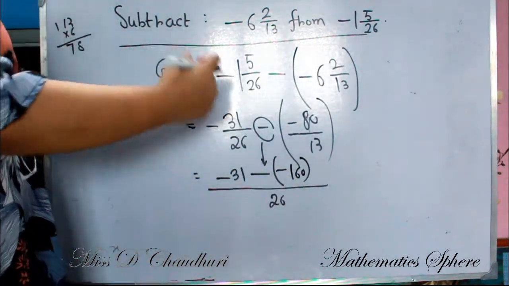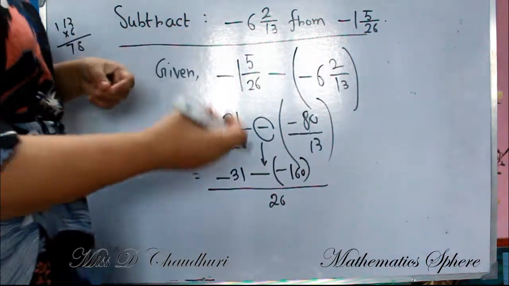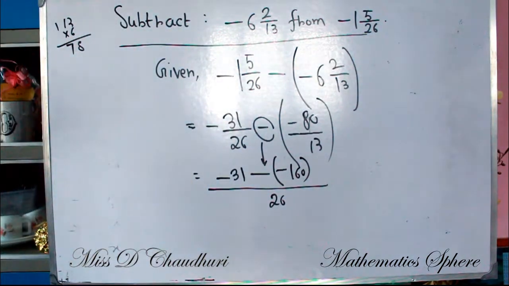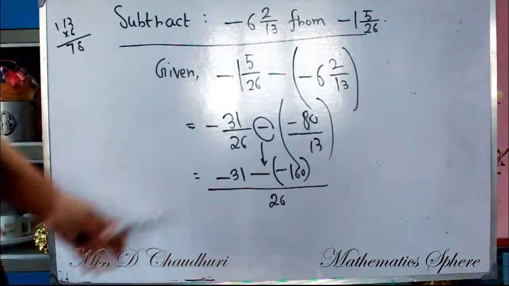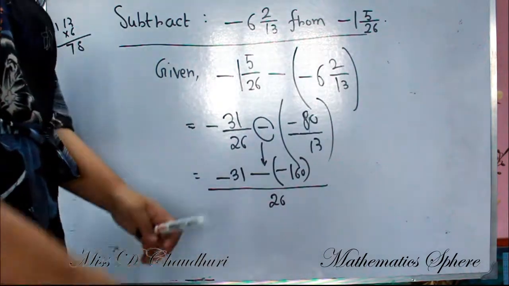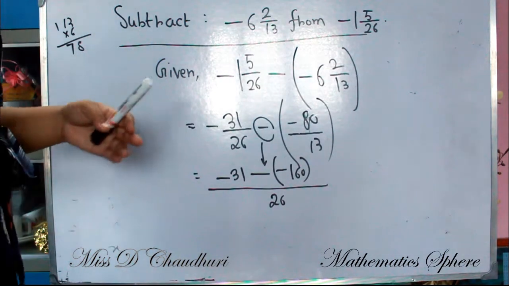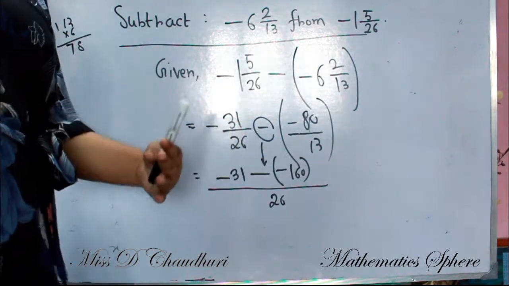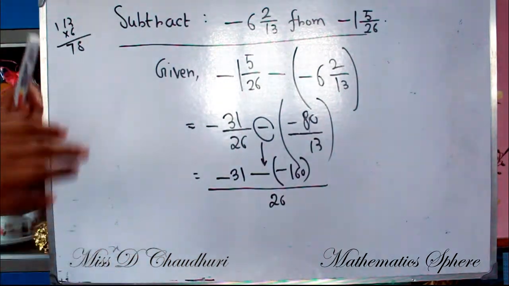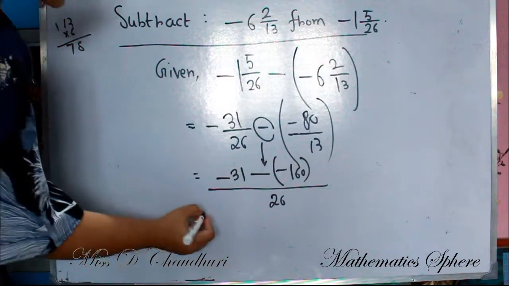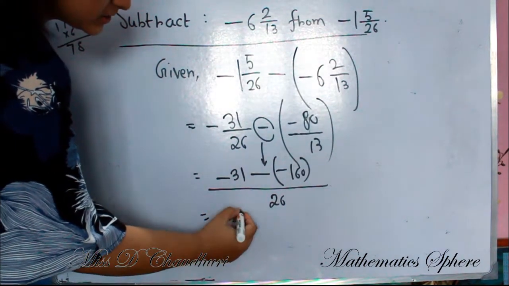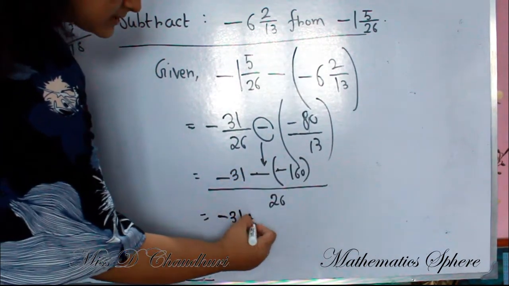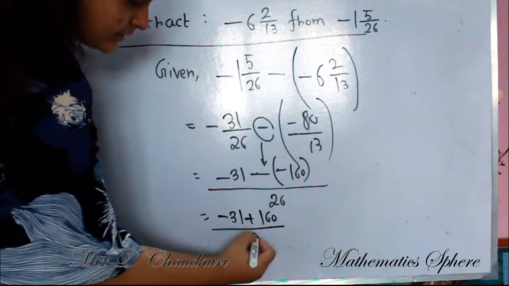Follow every step, or else if you skip, there will be some problem and plus minus, your sum will go wrong because you are learning it now. After a few classes, or after 1 year, you can do it mentally, but try to do it now by writing. So this one, as per the integers, this minus, this is plus 160 divided by 26.